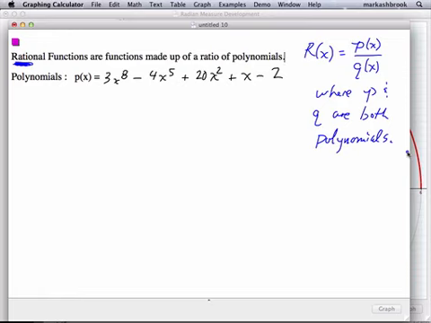In analyzing these, much of what we did with polynomials is going to be the same, especially all the features of the polynomial in the numerator. All that we learned about how to understand polynomials will be reflected in the rational function. So what's new is the polynomial that's in the denominator.